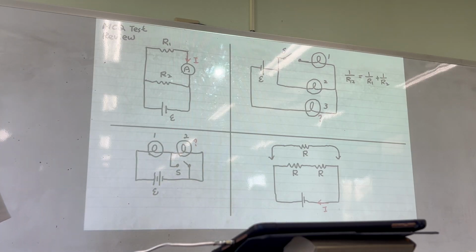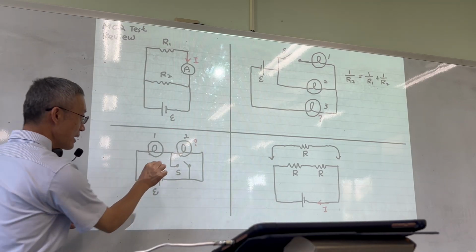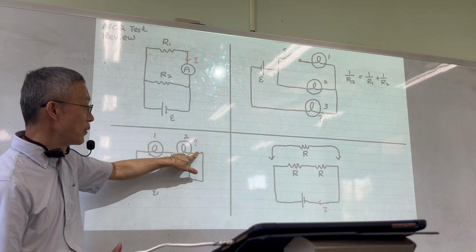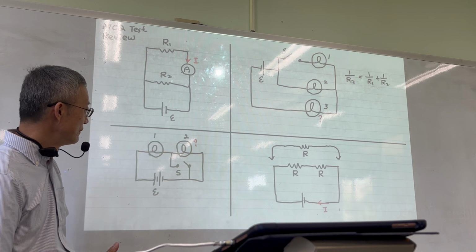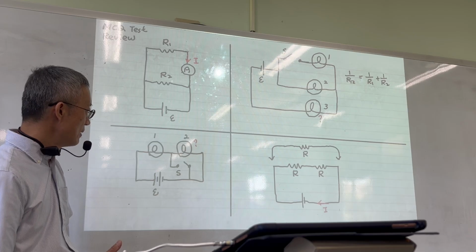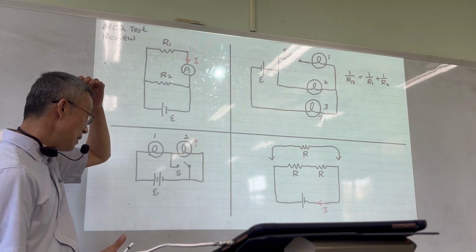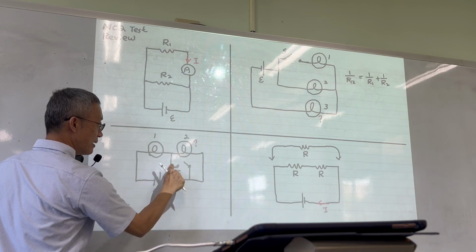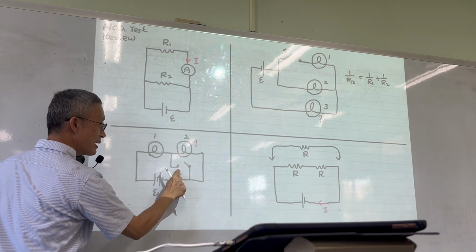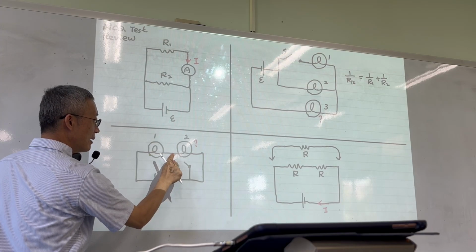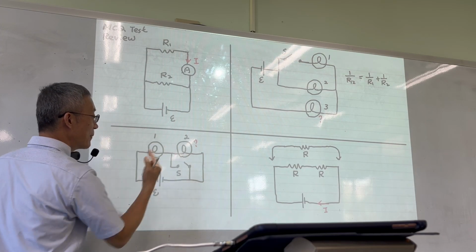Right, the teacher is explaining why. Suppose there are two branches, right? However, this side has no resistance, this side has resistance. How do you know which side has no resistance? What do you think? Originally current goes through these two, right? However, if this side is a light bulb, then some current will go to this light bulb, and the rest of the current will go to the other light bulb, right?